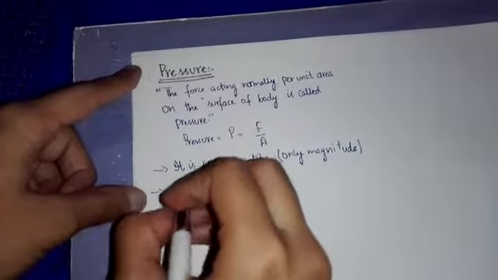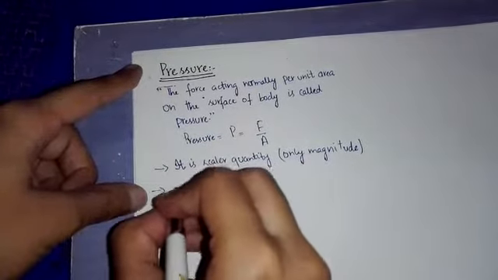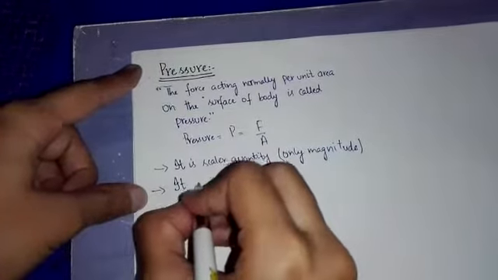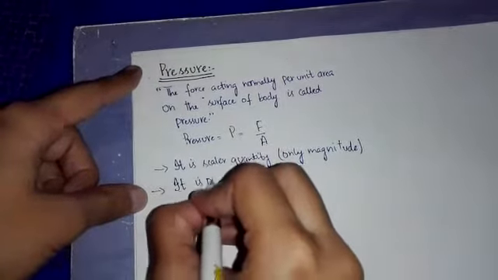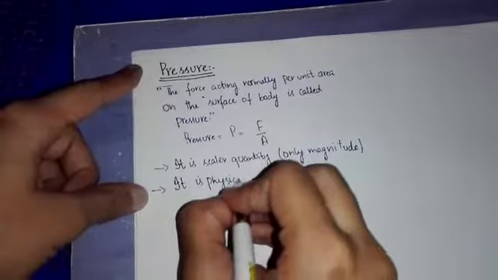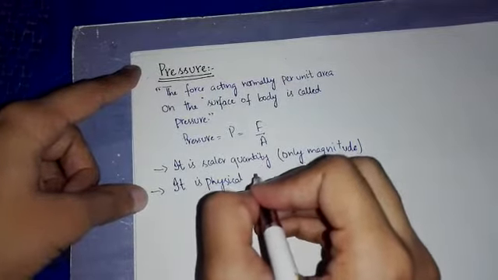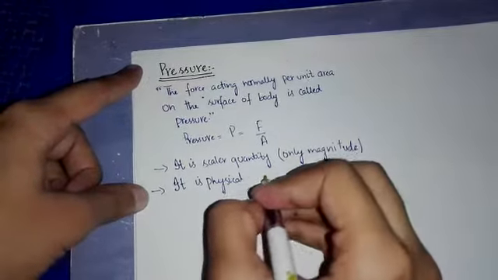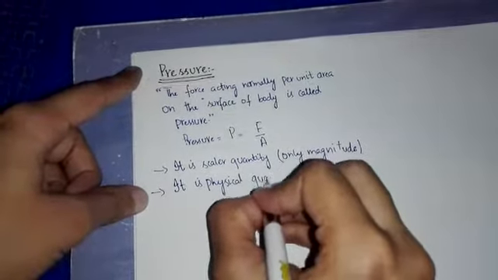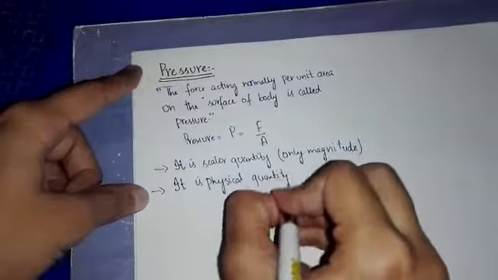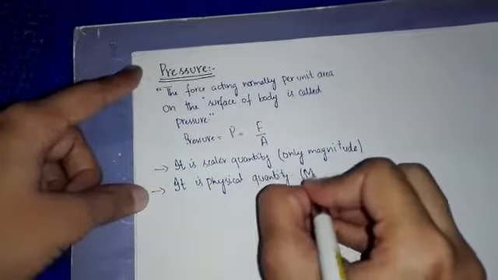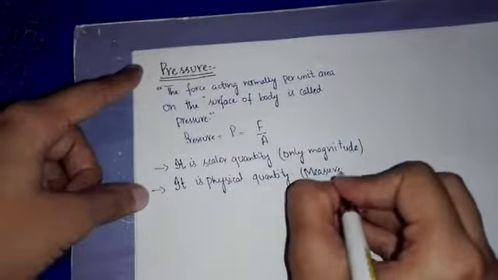Moreover, it is a physical quantity. What are physical quantities? Physical quantities are those quantities that are measurable. All the measurable quantities are known as physical quantities, right? Measurable.